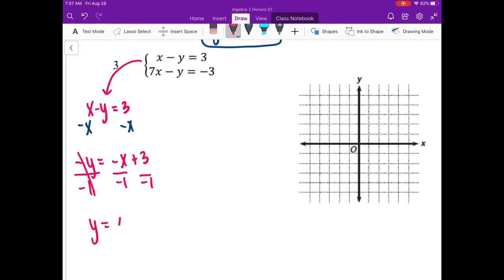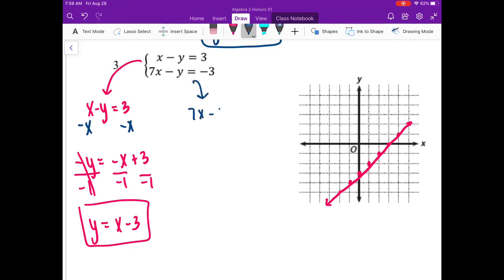So I get y equals x minus 3. So I started at 3 on my y-axis, and I'm going up and right 1, or down and left 1. I want to go ahead and do the same thing for your second equation.